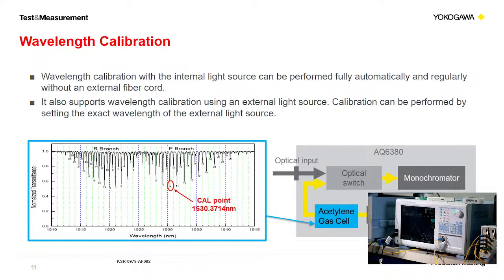We use one of those absorption points at 1530 nanometers to shift or align the internal calibration table. So it's a single point calibration. It can be done automatically. People can do that right before they start a measurement, or when you move the instrument, or when there's a big temperature change. That's also recommended to make sure that the unit can perform this function.